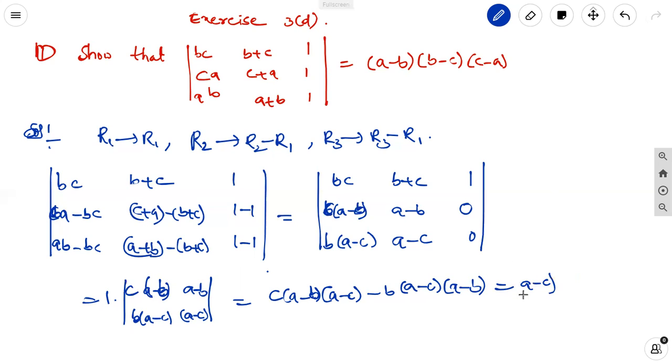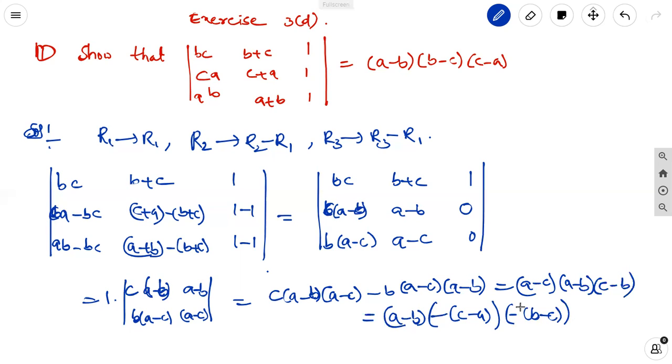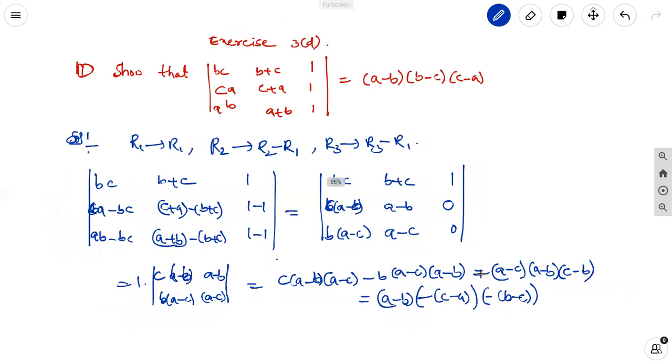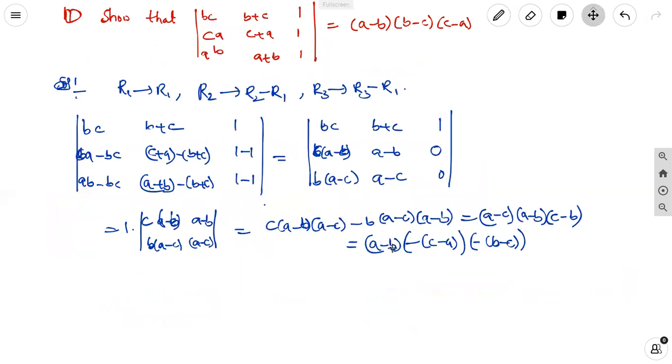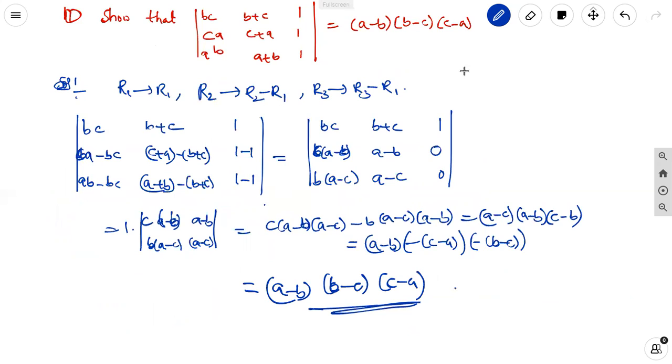A minus C, A minus B common, remaining C minus B. So what they are asking, the order B minus C, C minus A. It is equal to first A minus B, in the next minus common C minus A, in the next minus common B minus C. Minus into minus plus, equal to A minus B into B minus C into C minus A. It is the solution.